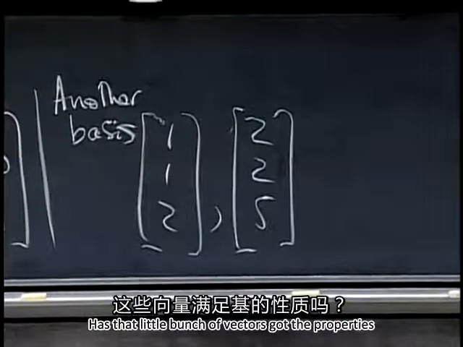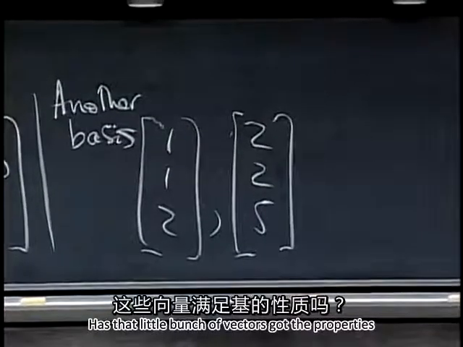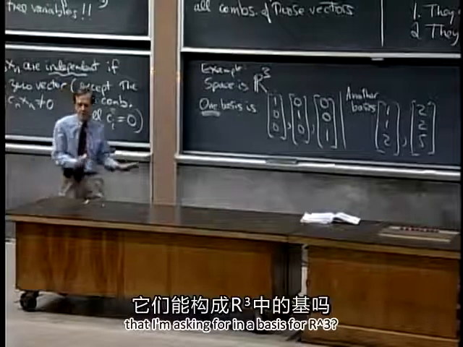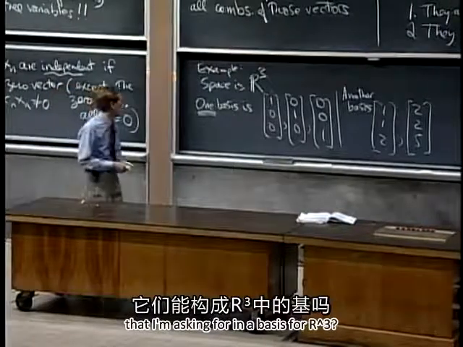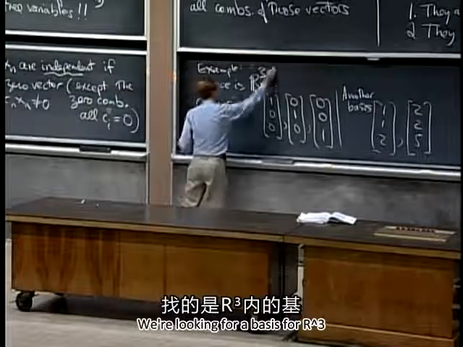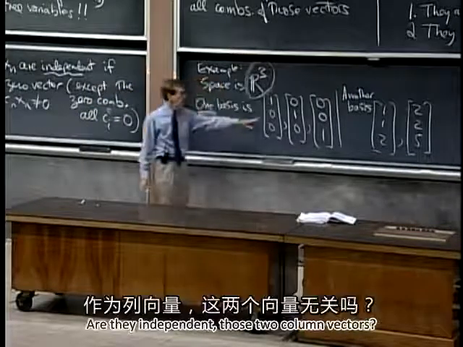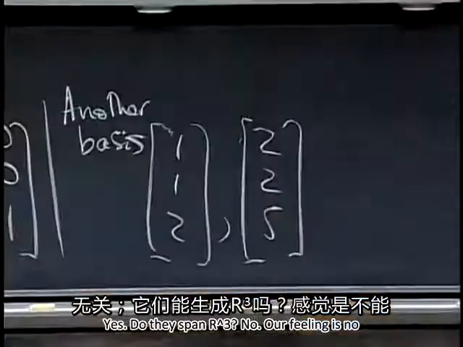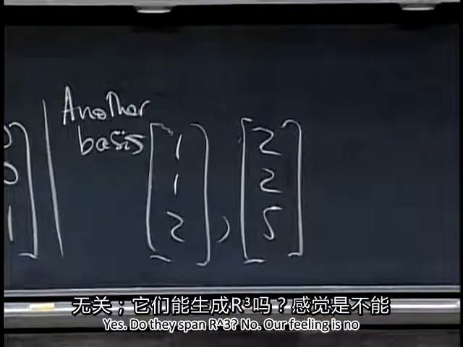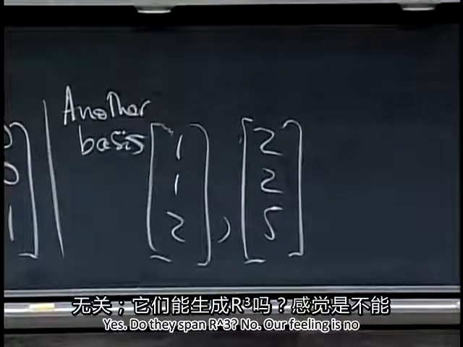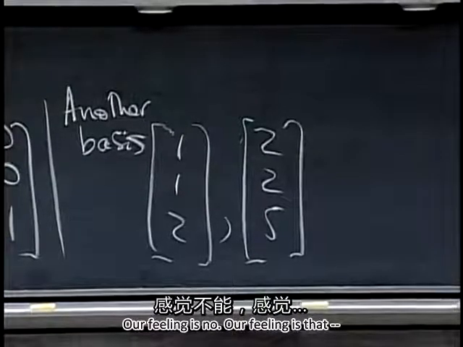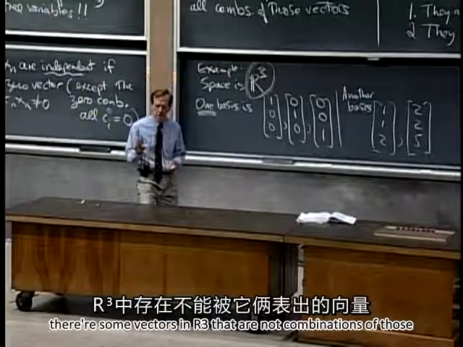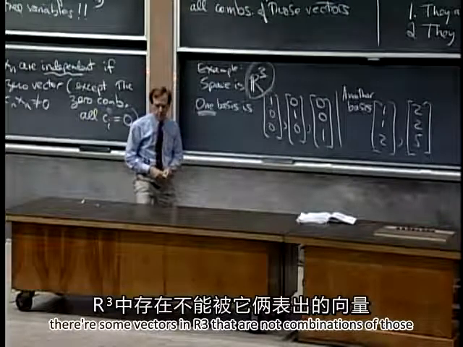Has that little bunch of vectors got the properties that I'm asking for in a basis for R3? We're looking for a basis for R3. Are they independent, those two column vectors? Yes. Do they span R3? No. Our feeling is that there are some vectors in R3 that are not combinations of those.